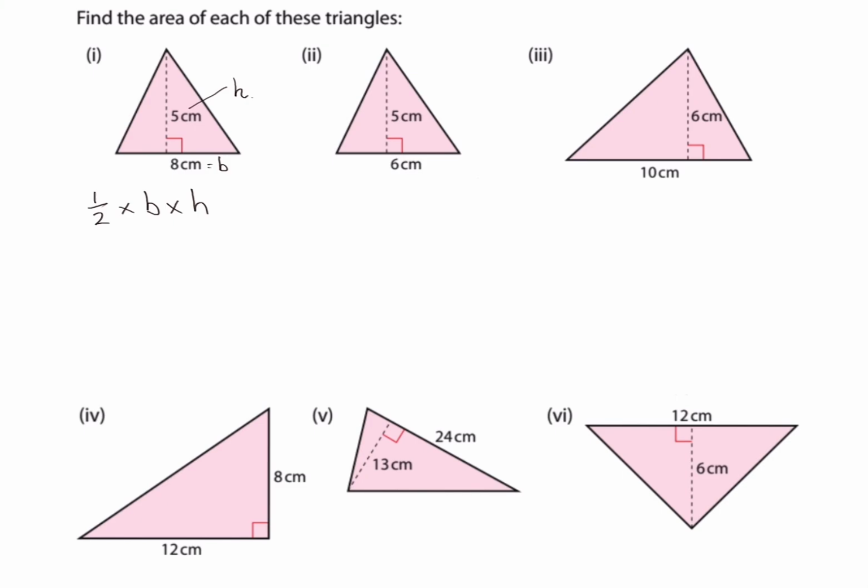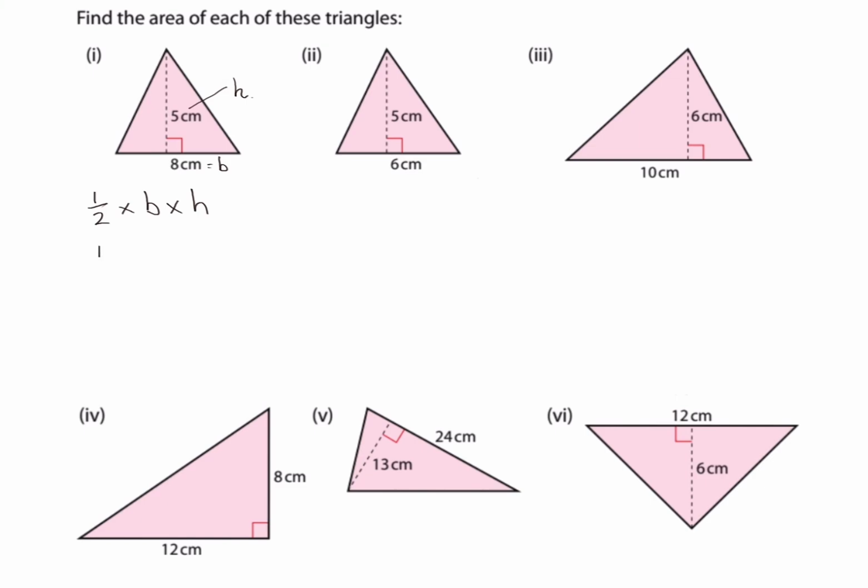In 5 of these, the height is given by the dotted line. Number 4 is the only one where you have to figure out which is the base and which is the height. So here we have the base, here we have the height, and we have a half.